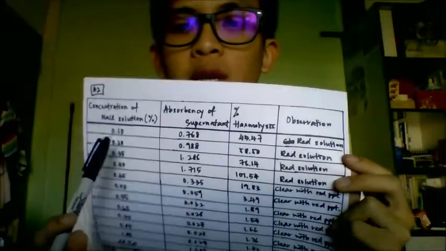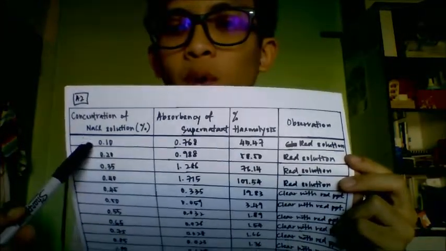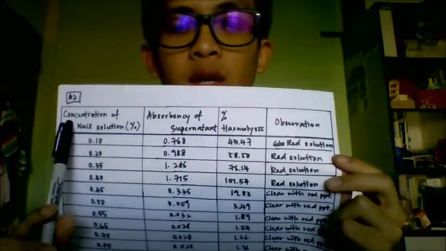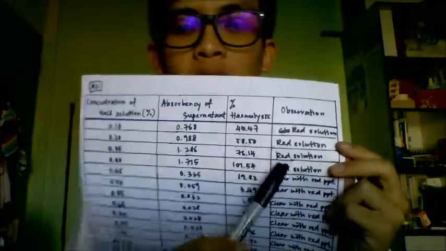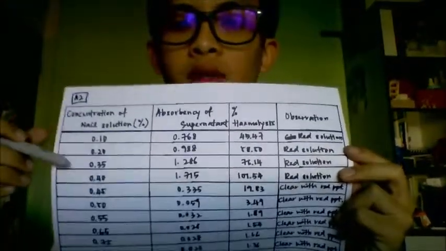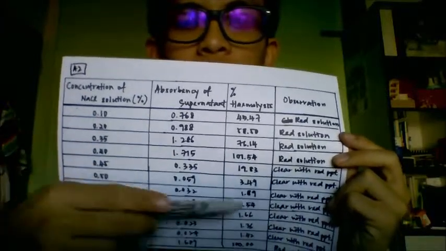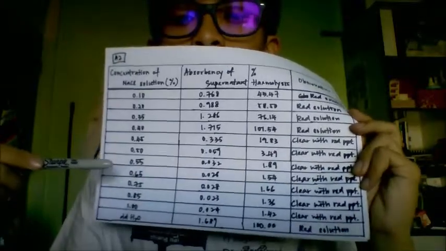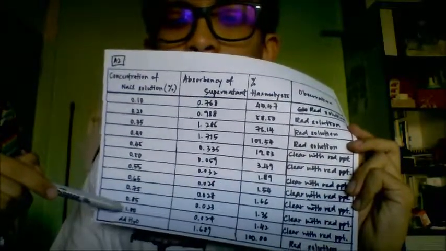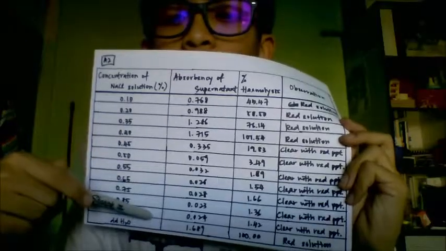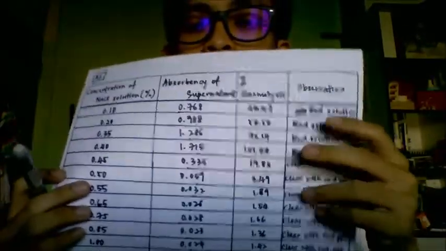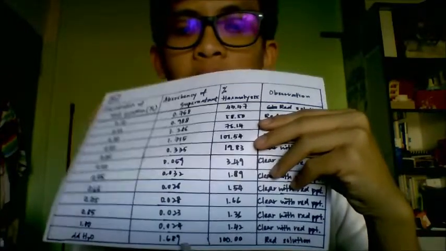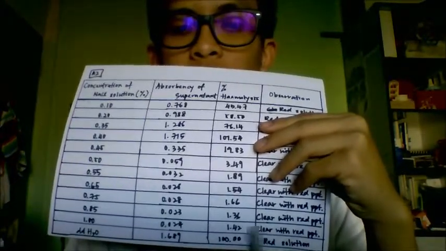The observation is that from 0.1 to 0.4% concentration of sodium chloride solution, it is a red solution, and after 0.45, the result is a clear solution with red precipitate, and the observation remains until the concentration of 1%. For the deionized distilled water, the absorbance is 1.689, and the observation is also a red solution.